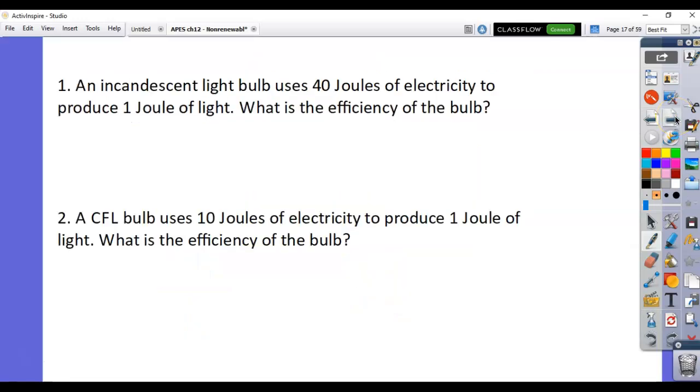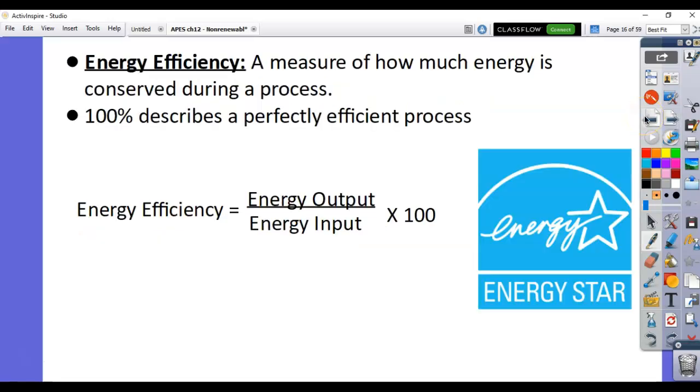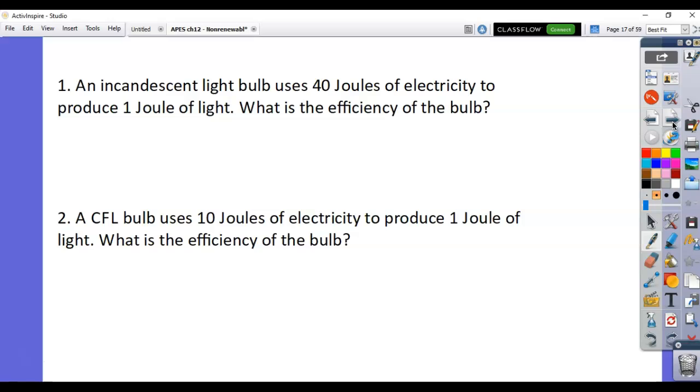So let's look at these two problems. An incandescent light bulb uses 40 joules of electricity to produce 1 joule of light. What is the efficiency of the light bulb? If we go back to our equation, we need energy out over energy in. So how much energy came out of the light bulb? 1 joule.